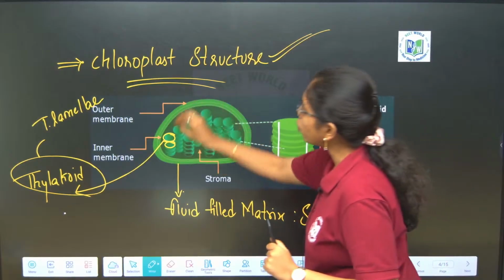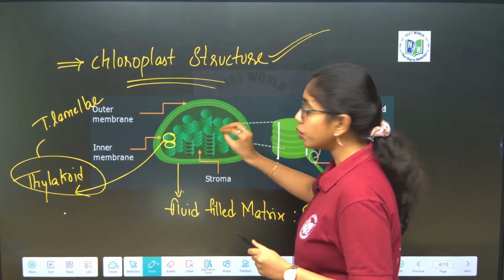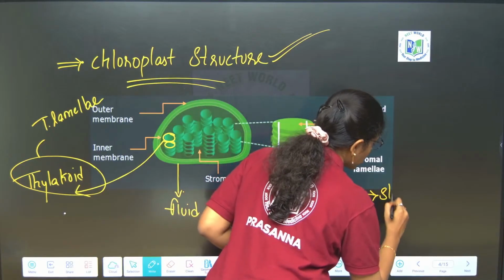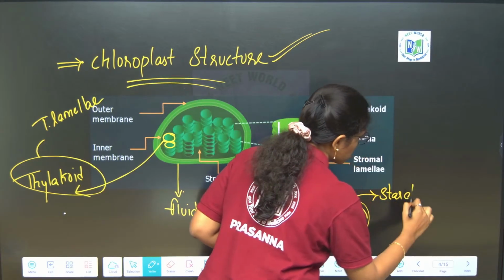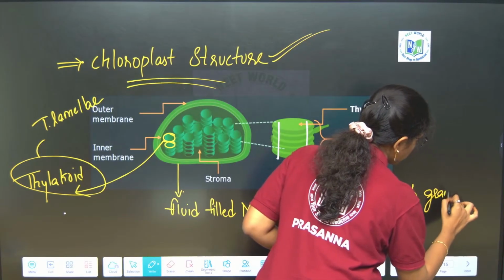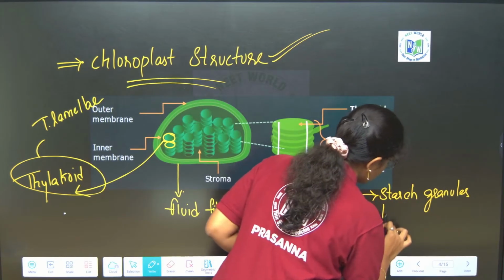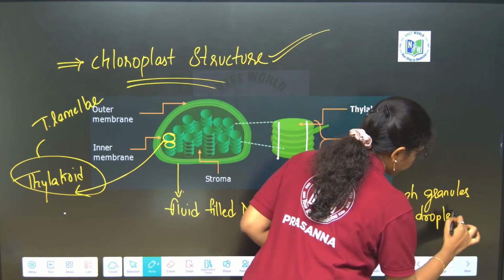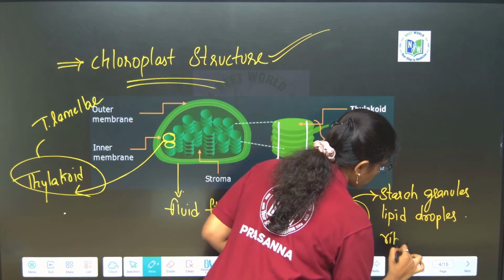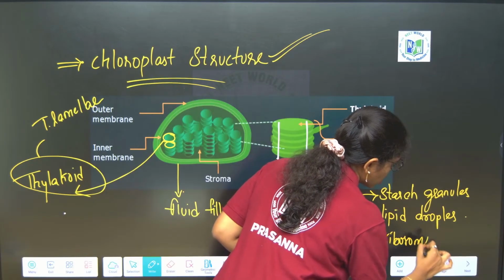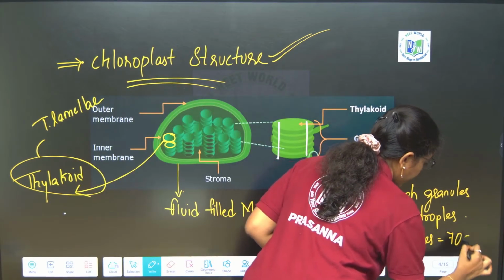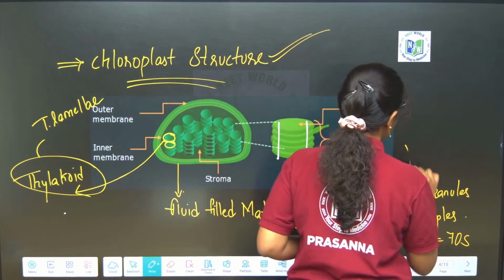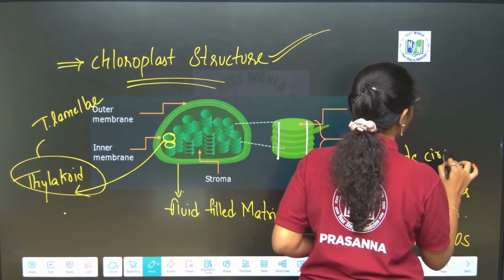And inside the stroma you find starch granules, lipid droplets, ribosomes which are 70S ribosomes, and also double stranded circular DNA.